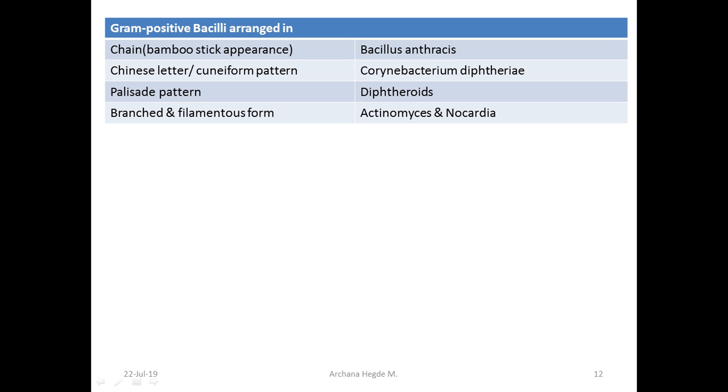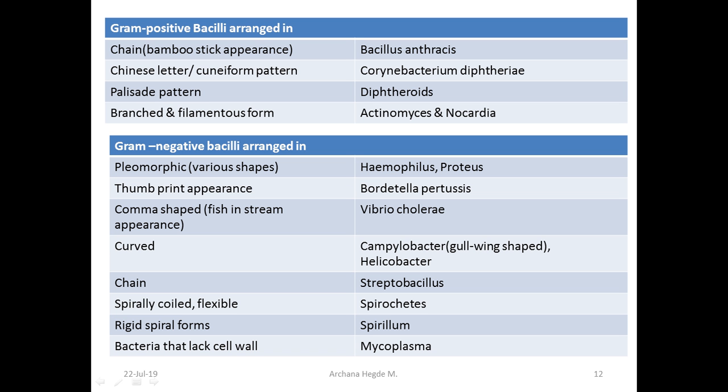Now coming to bacilli. Gram positive bacilli arranged in chains with bamboo stick appearance are Bacillus anthracis. Chinese letter or cuneiform pattern, Corynebacterium diphtheriae. Palisade pattern, diphtheroids. Branched and filamentous forms, Actinomyces and Nocardia. Coming to the gram negative bacilli arranged in pleomorphic various shapes, Haemophilus and Proteus.